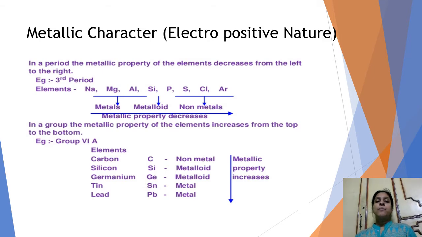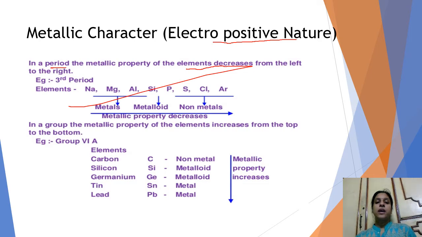So अगर अब हम बात करते हैं metallic character की, as I told you, metallic character or metals are showing electropositive nature, and for example in a period the metallic property of the elements goes on decreasing, like this.